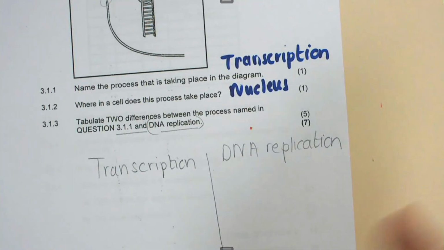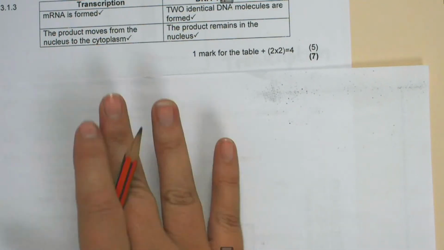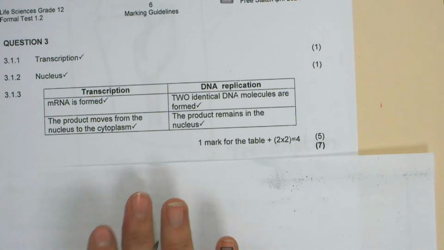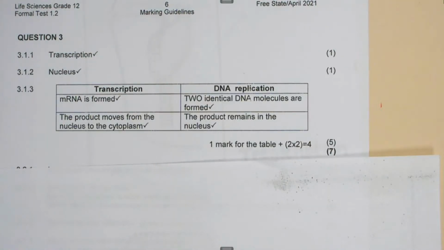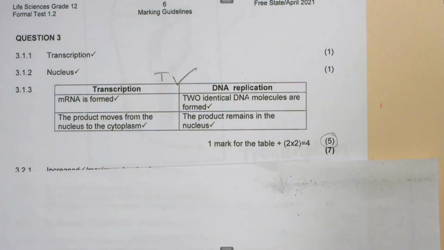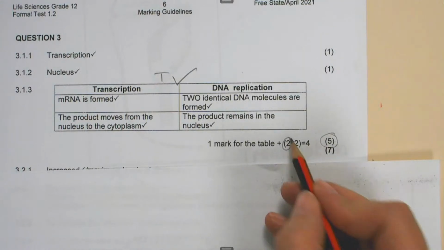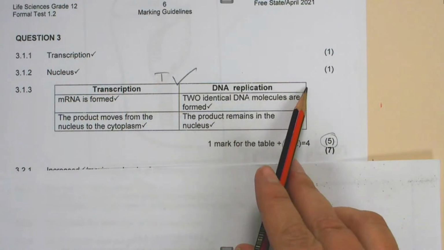So according to our memo, let's look at that table we have there. So the 5 marks we have, 1 mark will be allocated for the table. Just write a T there somewhere so that we know you allocated a mark for the table. And then we need to mention 2 differences between transcription and DNA replication.